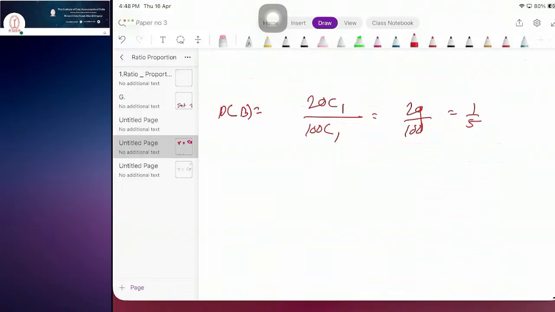Next is a number which is greater than 75. A number which is greater than 75.